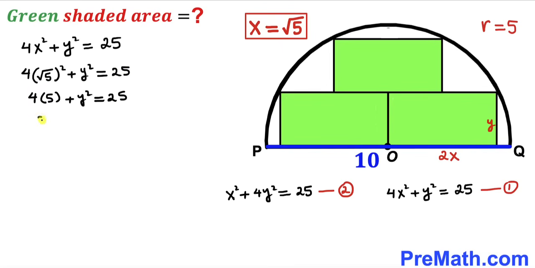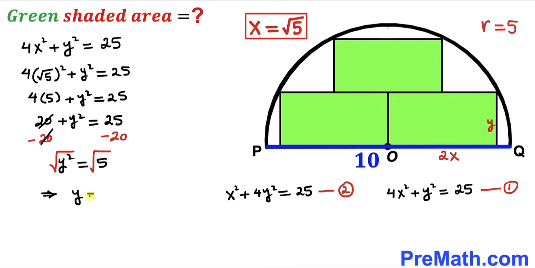So 20 plus y squared equals 25. Now we subtract 20 from both sides. This is gone, so the y squared value simply turns out to be 5. I'm going to undo this square by taking the square root on both sides. So our y value turns out to be square root of 5 units as well.